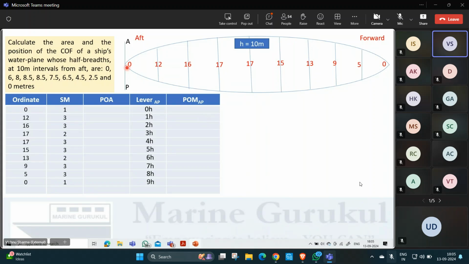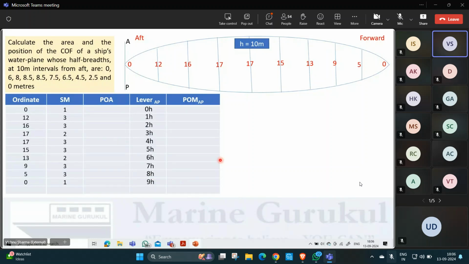I count them on the diagram so that my last number matches. It should not happen that I made a clerical error and in the end my effort has gone waste. So 0h, 1h, 2h, 3h up to 9h, and this matches. That means I have not made any mistake.